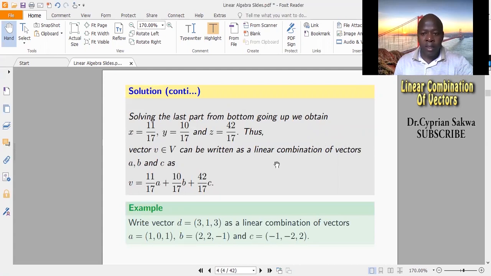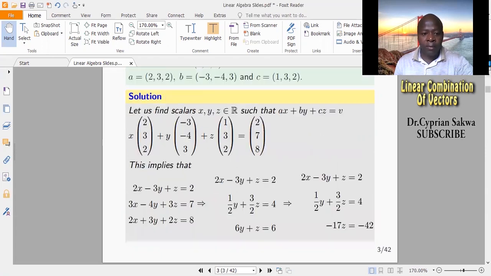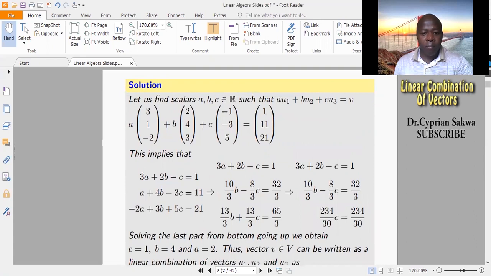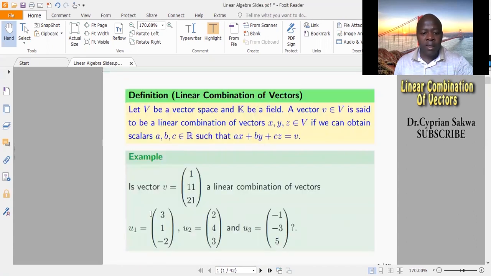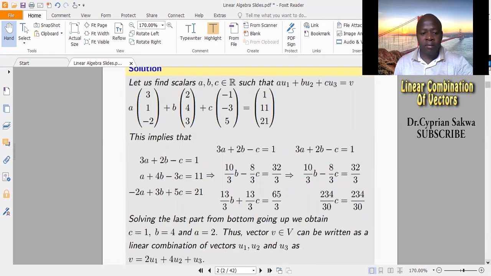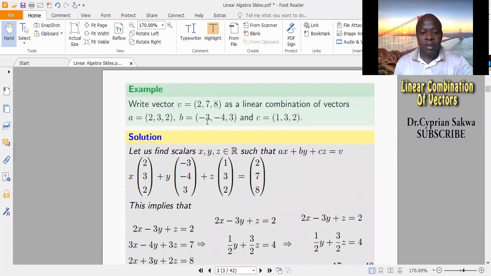Now, what is important here was what the question was. The question was, write this vector. It's not like the first question. The first question was, we were supposed to tell whether this vector v is a linear combination of these vectors. So we're just supposed to find if the scalars exist. And if the scalars exist, we say yes, it is a linear combination. But for this particular one, we've been asked to write it as a linear combination of these.